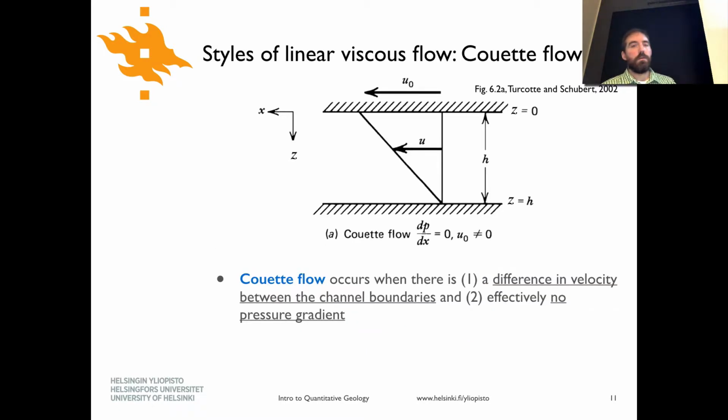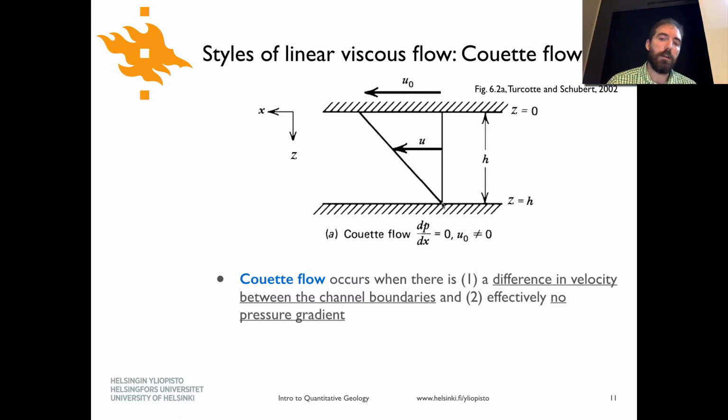One of these end member types of flows is one where there's no pressure gradient in this channel. In other words, it's not like there's a higher pressure on one side than the other. If this was a tube of toothpaste, you're not squeezing on one side. The only thing happening to the fluid is the top wall is moving, and that just causes it to shear.